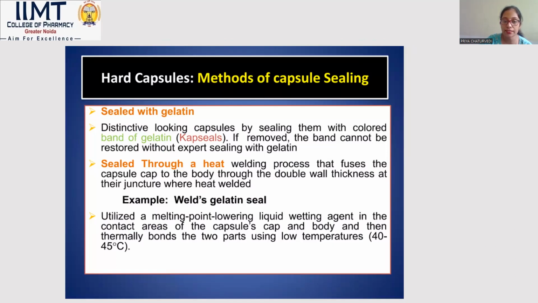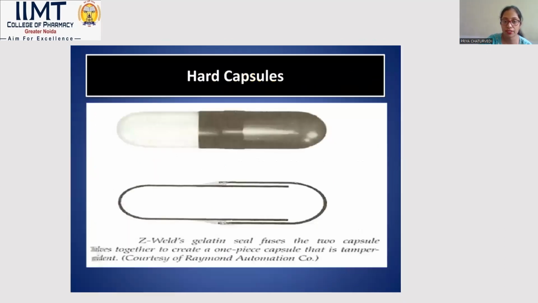Example, Quali-Seal. It utilizes a melting point lowering liquid wetting agent in the contact area of the capsule cap and body, and then thermally bonds the parts using low temperature, 40 to 45 degrees centigrade. You can see it here, the cap and the body.